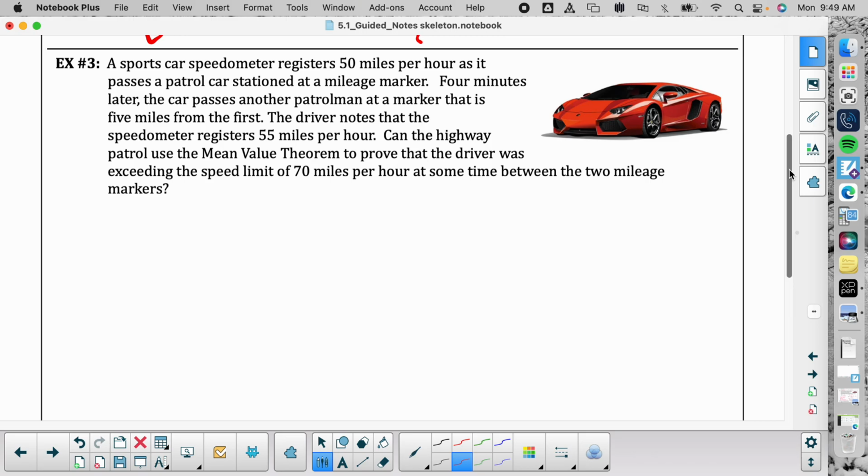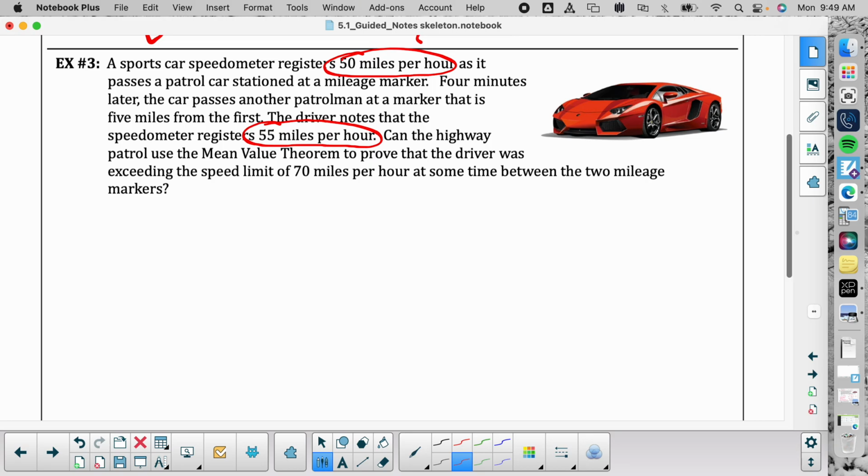this one feels a little bit more difficult. I shouldn't say feels difficult. It's sort of disguised. So, the miles per hour is the derivative. So, mean value theorem is that we're trying to find the average slope.